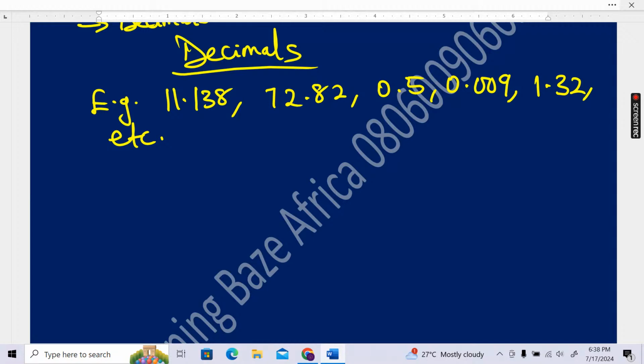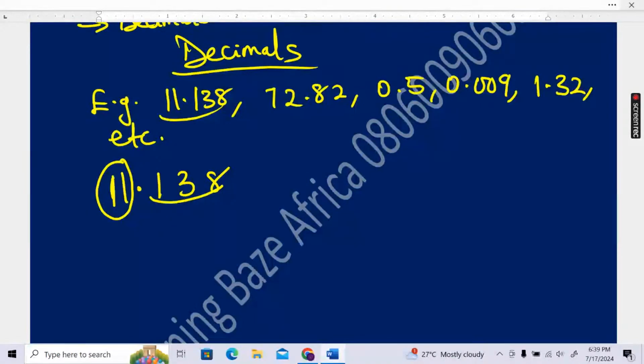Now, how do we pronounce decimal numbers? Look at the first one, 11.138. Listen clearly. You mention the whole number as the normal number because it is a whole number. But for the decimal part, you don't read it like 138.